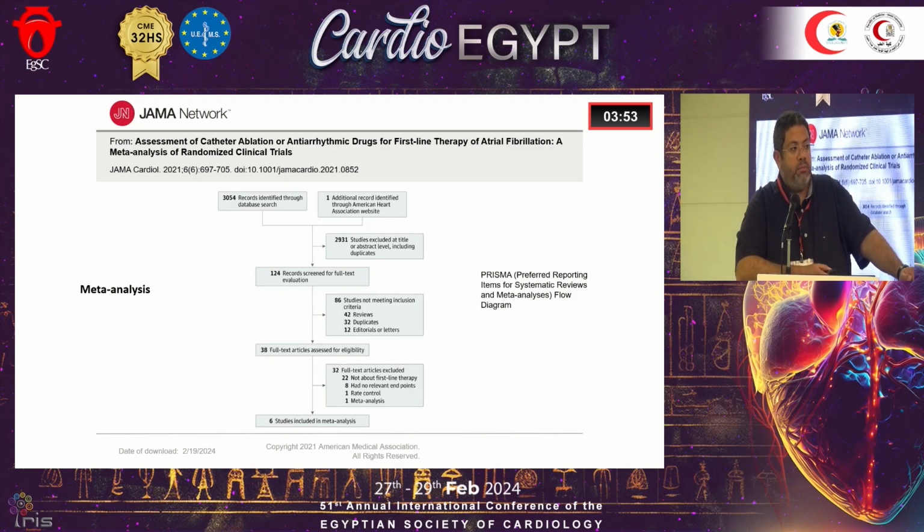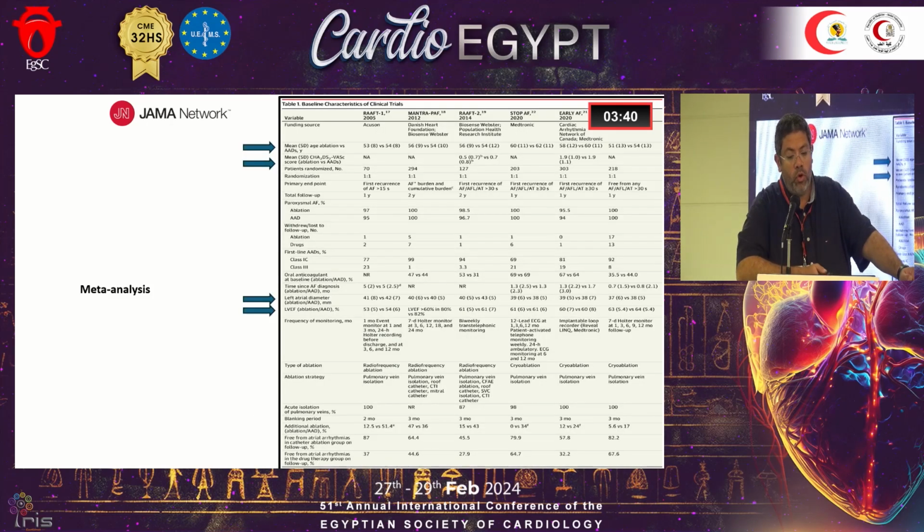In this important meta-analysis that followed the PRISMA protocol, they ended up finding 6 studies that tackled this issue. In these 6 studies, which are named above, so a busy slide, there were DRAFT 1, MANTRA-PAF, DRAFT 2, STOP AF, EARLY-AF, and Cryo-FIRST.